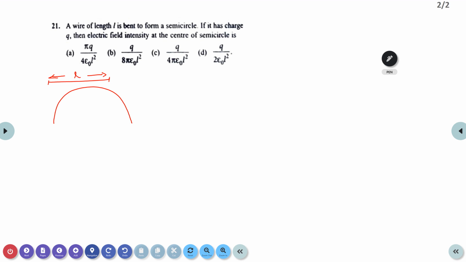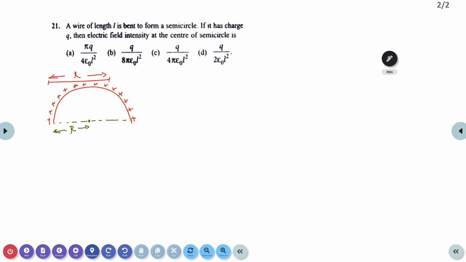It has a charge Q. Then the electric field intensity at the center is asked. This is the center. Here the charge is plus Q. R is the radius.